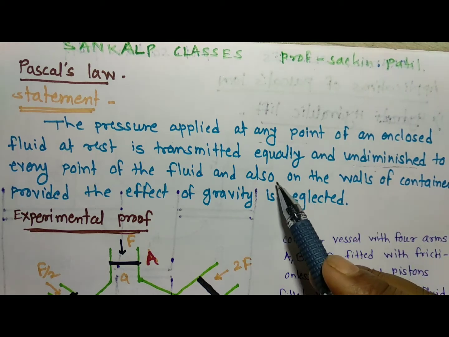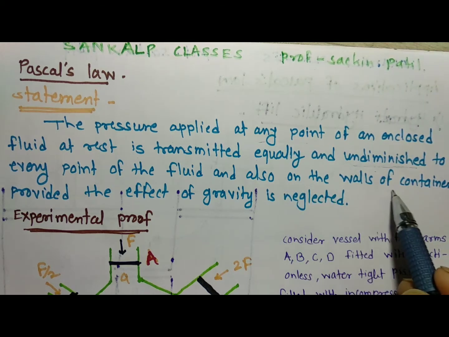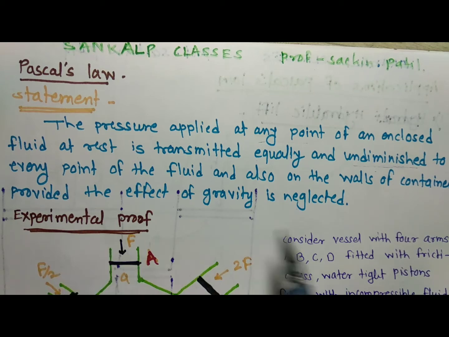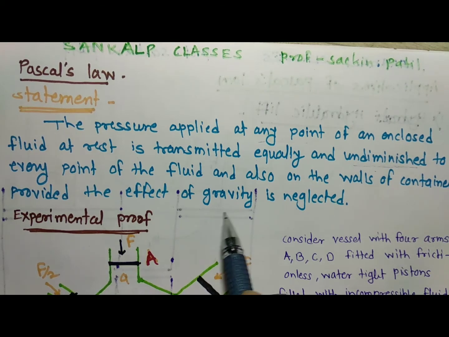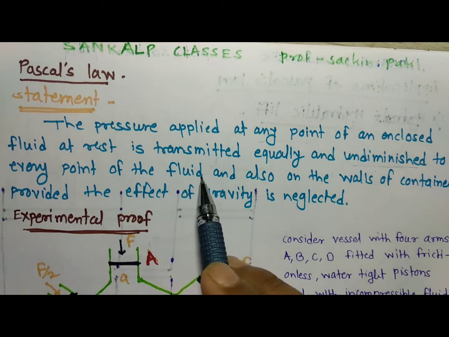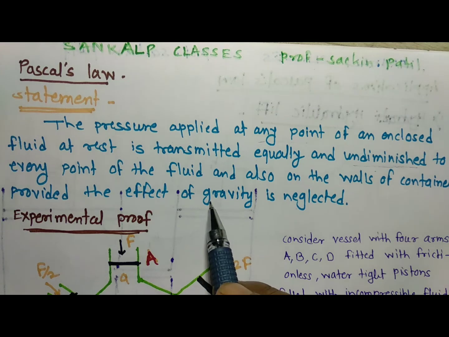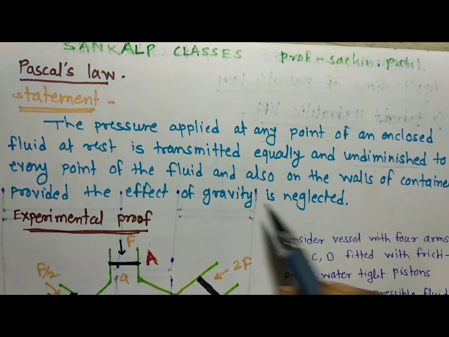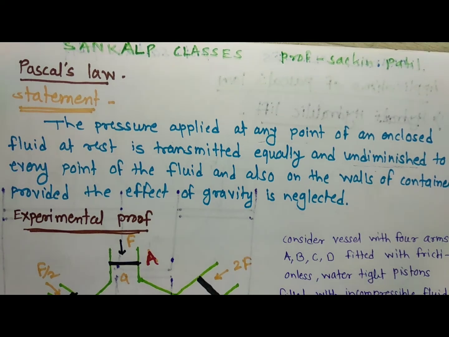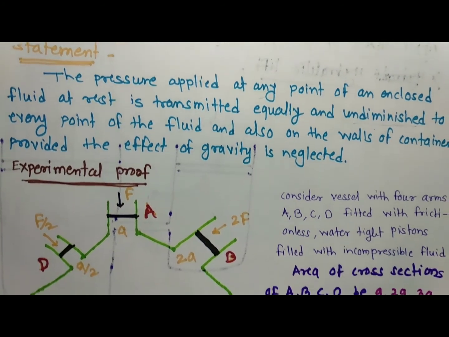It is transmitted to all walls of the container, where we do not consider the gravity effect. We are just going with pressure, with no consideration of the force acted by gravity. And right now we are going with the experimental proof of Pascal's law.